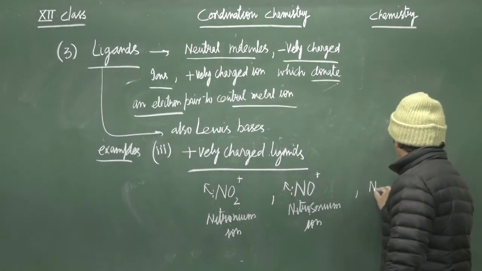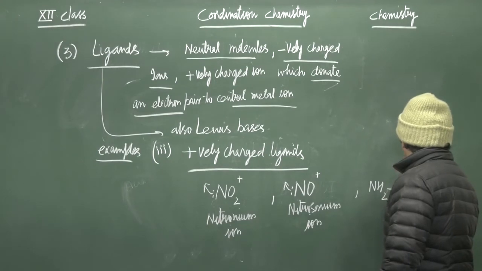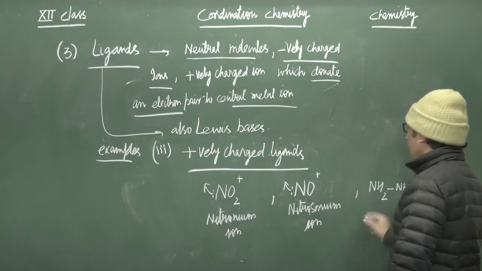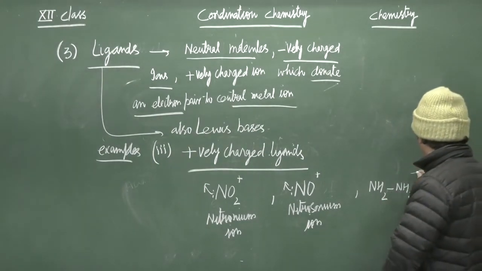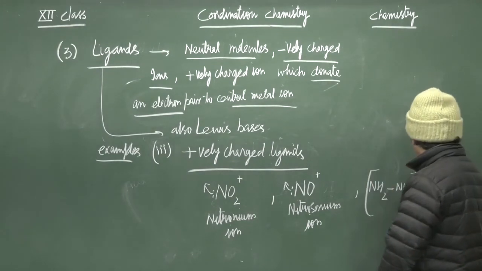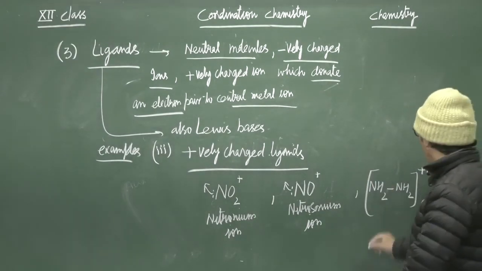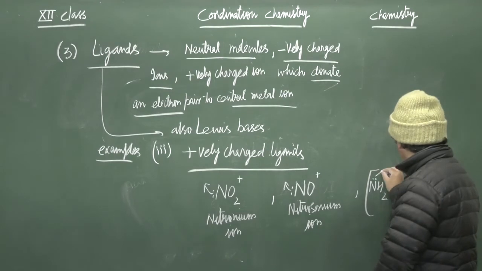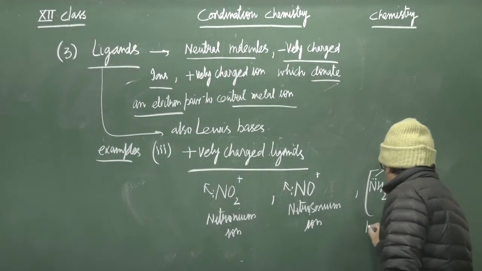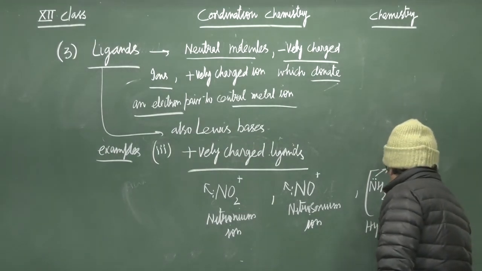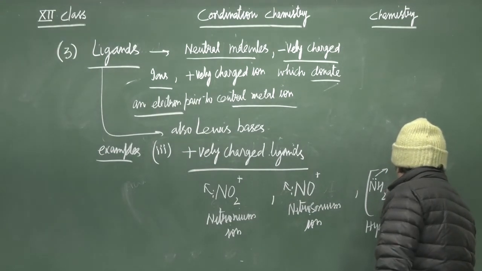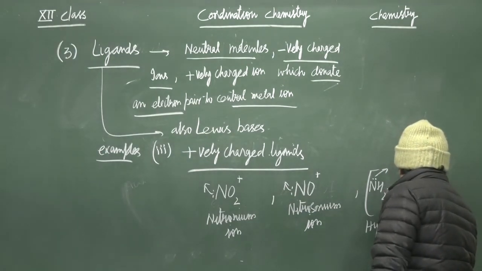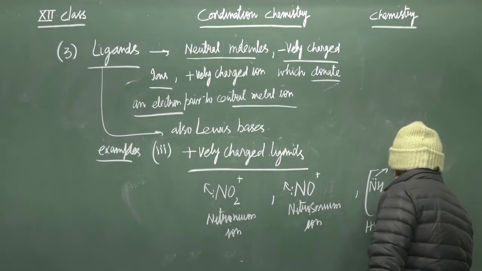There is NH2NH2. This is called hydrazine. But when it is positive, carrying a net charge of +1, then this nitrogen is the donor atom. Then it's called hydrazinium ion. When it is neutral, it's called hydrazine. But when it is positively charged, it is hydrazinium.